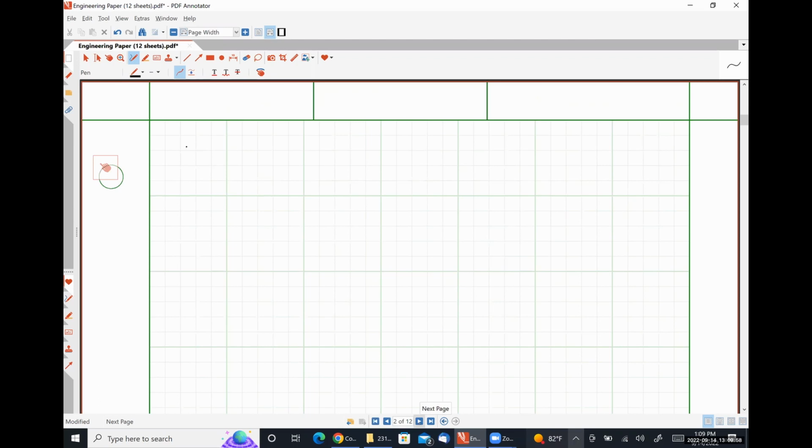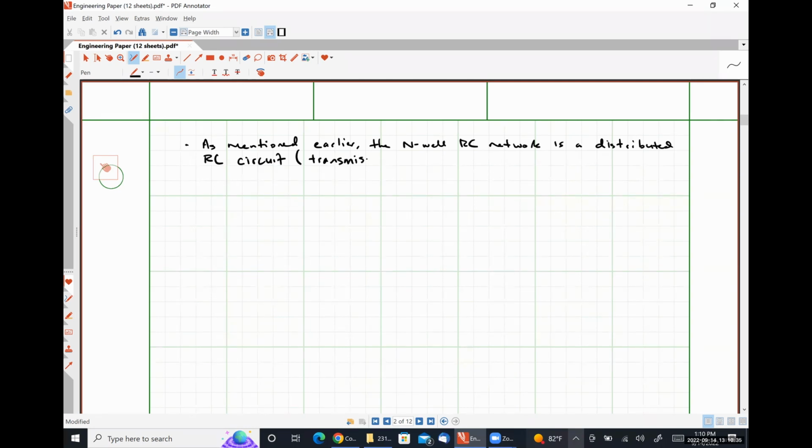So as mentioned earlier, the N-well RC network is a distributed RC circuit or transmission line, similar to the one shown below.